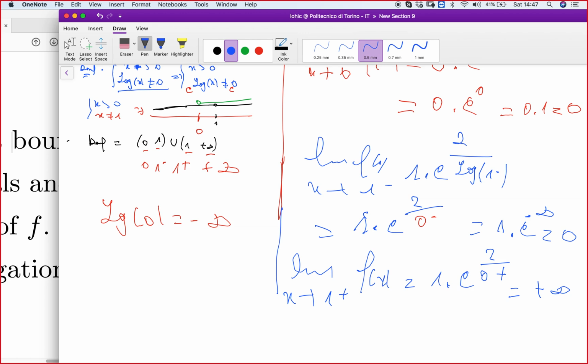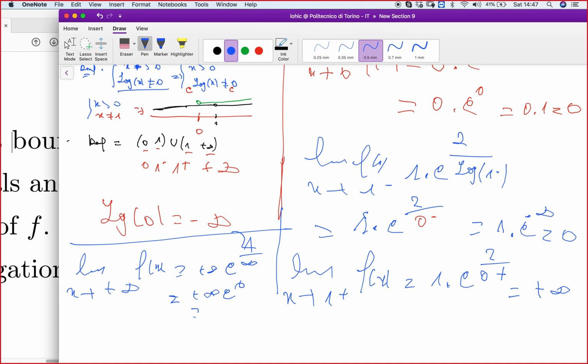And finally we have to get the limit when x tends to plus infinity of f of x, that will be plus infinity multiplied by exponential of 2 over infinity. It is plus infinity multiplied by exponential of 0, that is plus infinity.